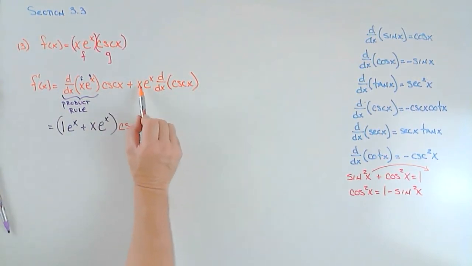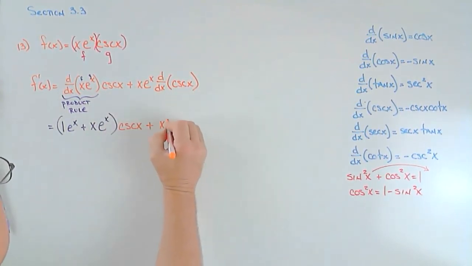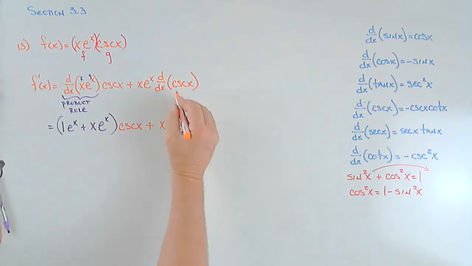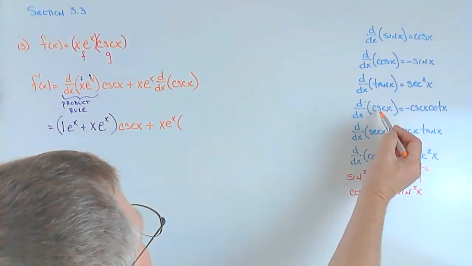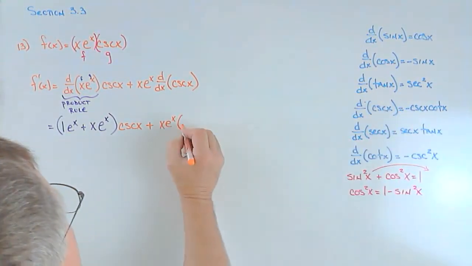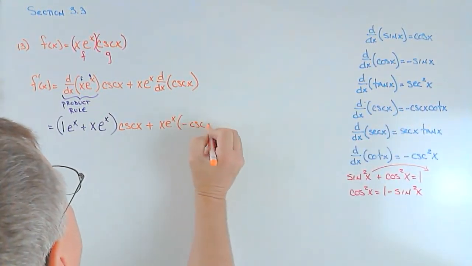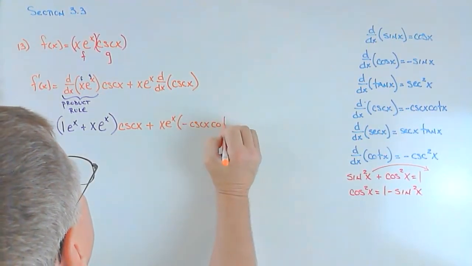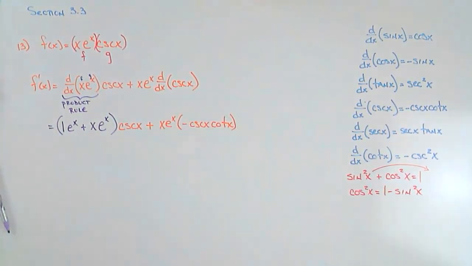Over here, we have just x e to the x. The derivative of cosecant is negative cosecant cotangent. Okay, so they're just trying to intimidate us with a whole bunch of functions. And if we just take our time, move through the problem step by step by step, we can overcome these kinds of hurdles. So now we have cosecant times this.